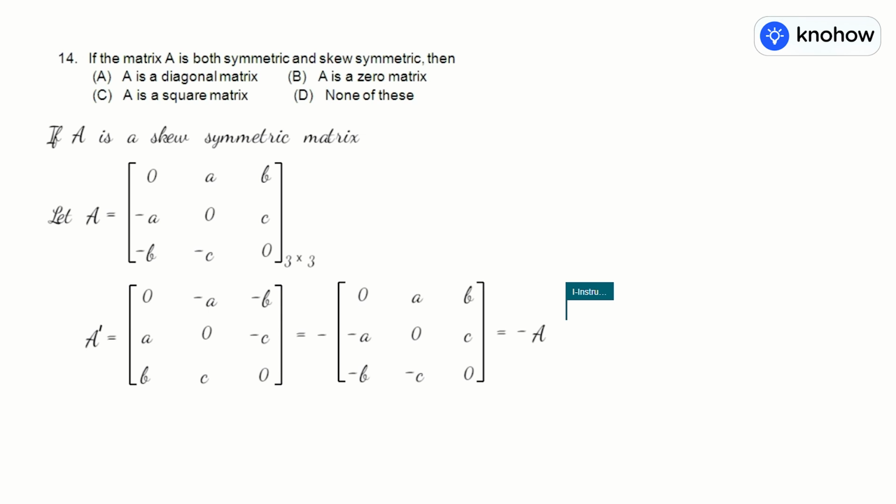But it is also given that A is symmetric. And if A is a symmetric matrix, then A dash should be the same as A. So now equating the corresponding elements, what do you get? 0 of course is 0, and if I take the a12 element, a equal to negative a. Similarly, you get b equal to negative b, and you get c equal to negative c.